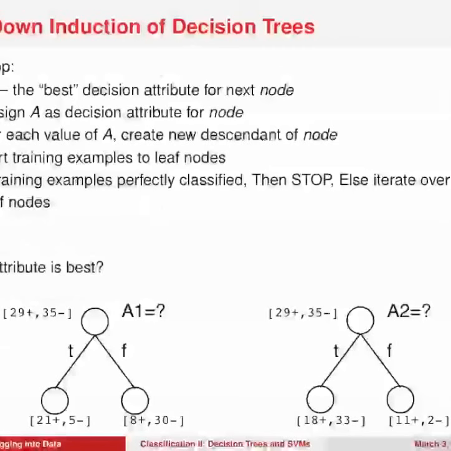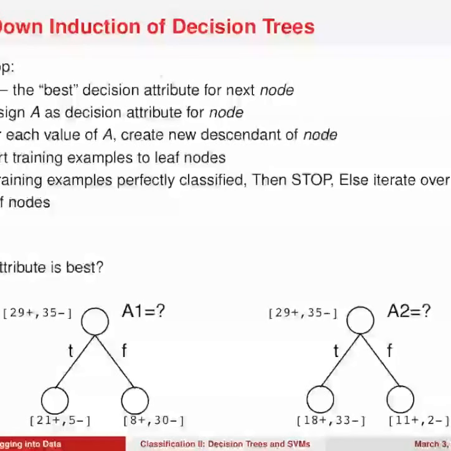The way that we learn decision trees is in a top-down fashion. So at each point, we need to figure out what is the split that separates our data into two halves that look less chaotic. And we keep doing that until we reach some threshold of either too few nodes in our split data set or that we've done everything perfectly classified.